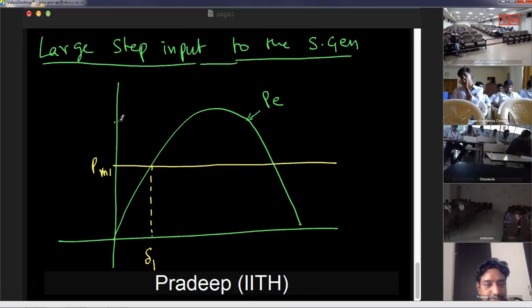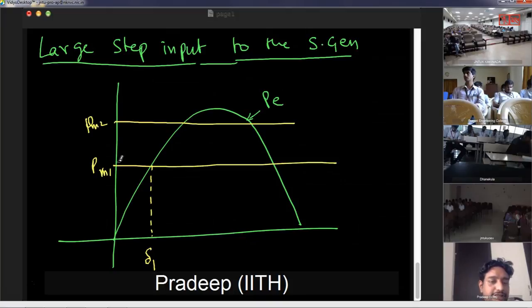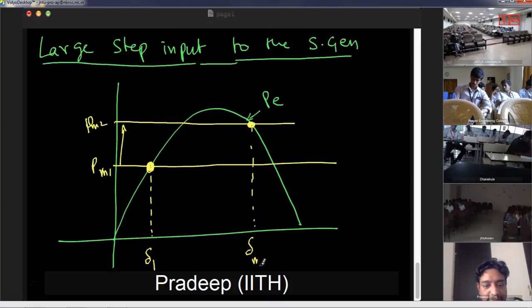Here this is PM2. So this increase is very drastic. So this operating point which can start here may overshoot this point. So let's call this point delta max or delta critical.